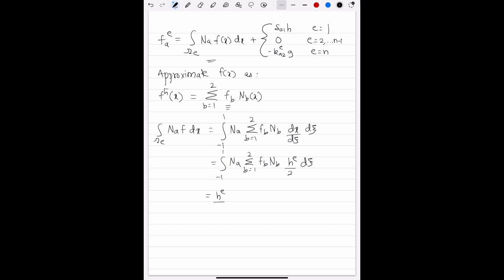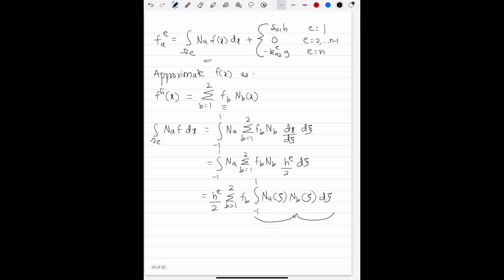So this can be written as he by 2 times summation b equal to 1 to 2 fb times the integral from minus 1 to 1 of Na of psi Nb of psi d psi. So all that is left to do is to evaluate this particular integral.